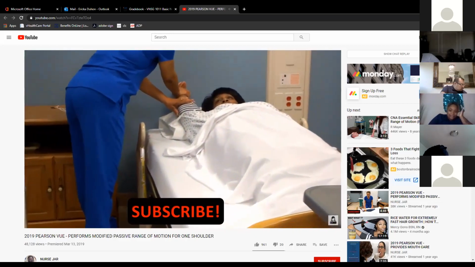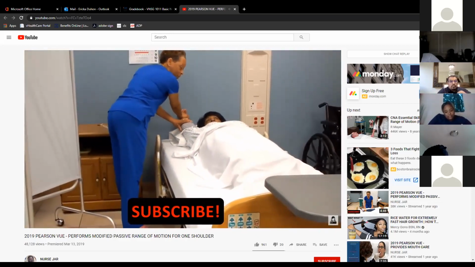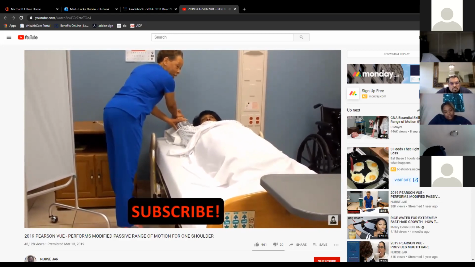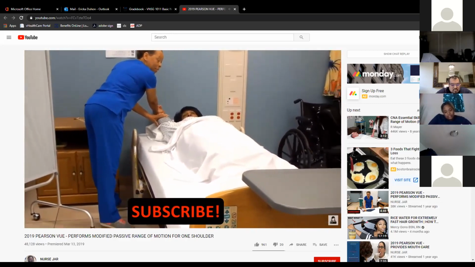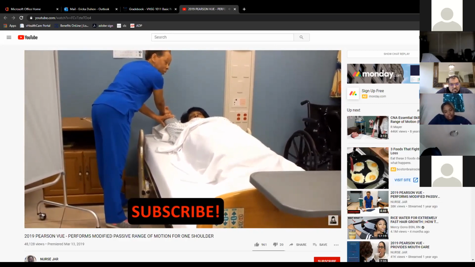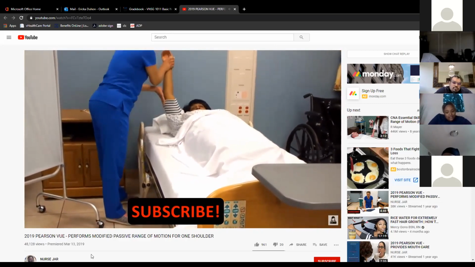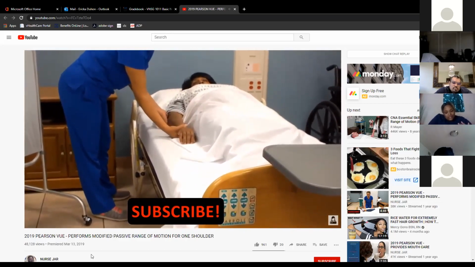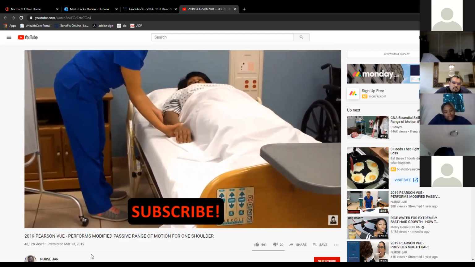Now, when you extend or flex her arm upwards, you want to make sure that you flex it to the level of her ear, okay? So basically, her arm should be touching the pillow. You want to maintain support underneath the joints. That's 1. How are you feeling?